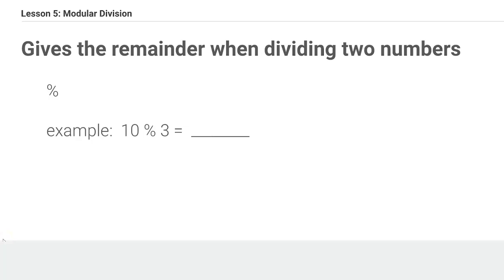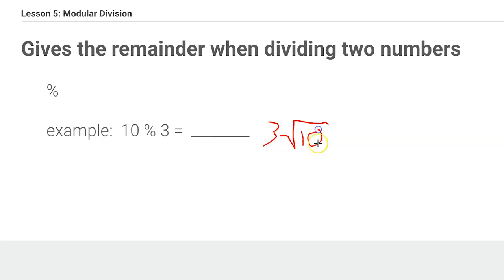Here we have an example of modular division in an arithmetic problem. So modulus, the mod operator, gives the remainder when we're dividing two numbers. So in this example, we're asking the question, what is the remainder when we divide 10 by 3? So you might want to pull out your pen and paper. And if you remember middle school, you remember how to do long division, right?